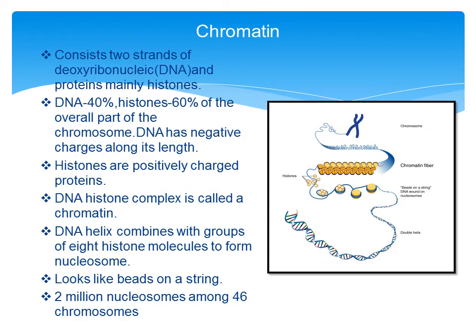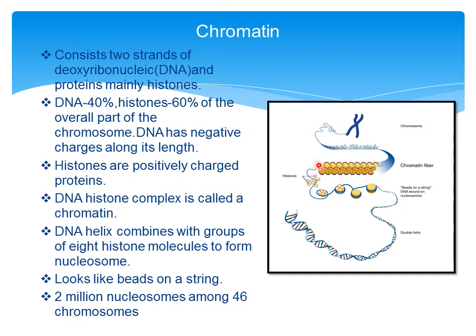Now here comes chromatin. What is a chromatin? We have seen chromatin fibers during cell division. So this is a chromatin fiber. It consists of two strands of DNA and proteins, which are mainly histones.